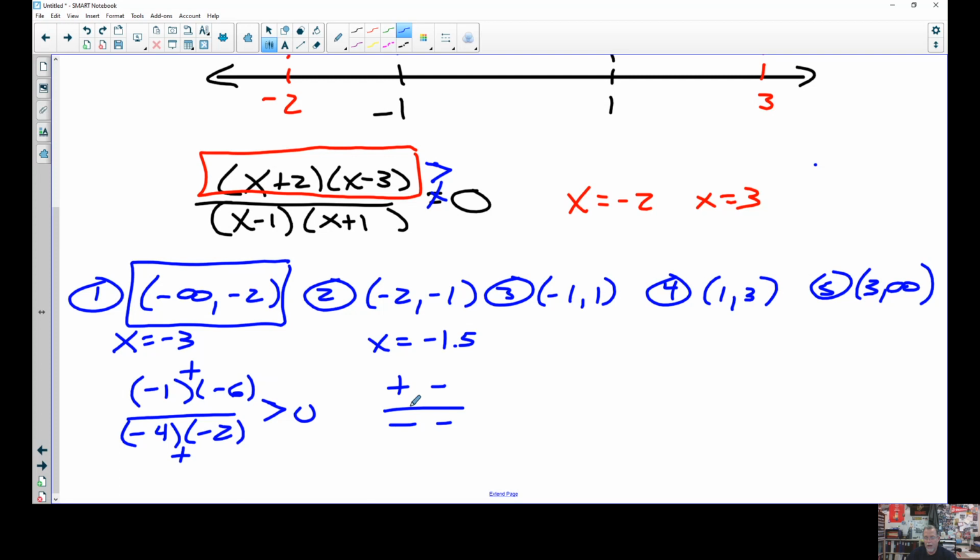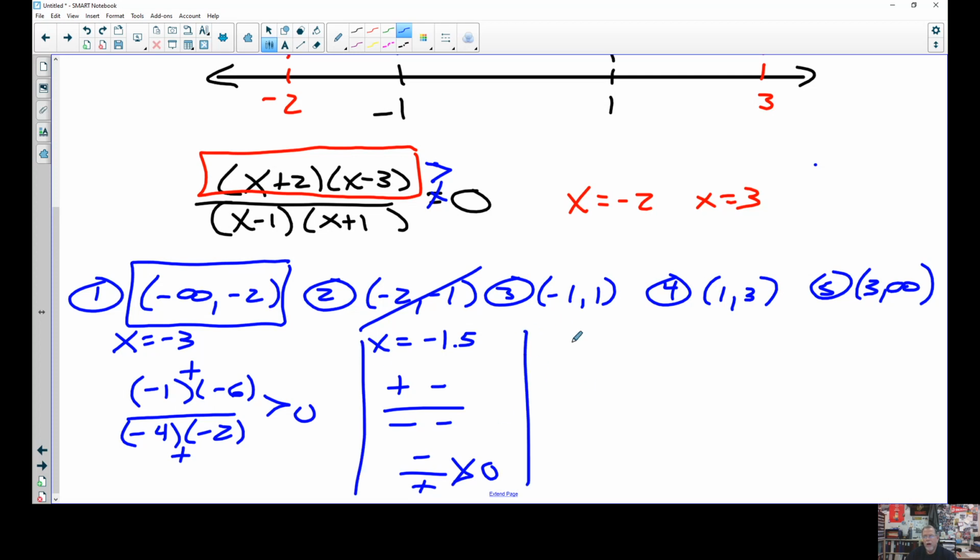So for this one, I'm going to have a negative over a positive. Overall, that means negative, right? So this will not be greater than 0, because it's going to be a negative number. Negative over a positive makes a negative. I don't even really care what the numbers are. It's just negative over positive. That's not positive, so that doesn't work.